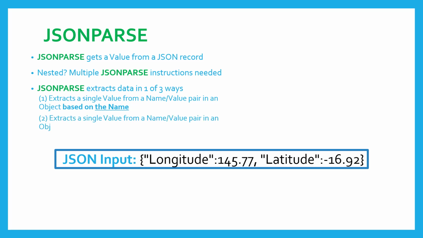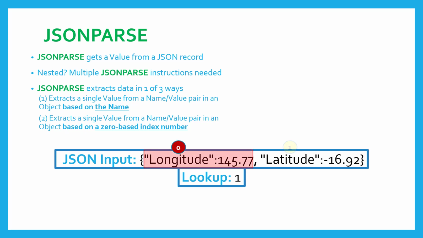The second thing it can do is exactly the same as the first, except the search is based on a zero-based index number instead of the name. This may be useful if you don't know the name, or you're iterating through all the top-level objects for some purpose. So again, if your record looks like this, you can get the same value you got before, only this time you tell it to look for index 1.